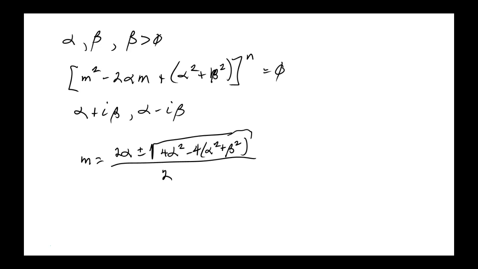Let's see what this gives us. 2 alpha plus or minus the square root of 4 alpha squared minus 4 alpha squared, that goes to 0, minus 4 beta squared. But remember, they told us beta was always positive. Well, it doesn't matter, but whether it was or not, beta squared would be positive.